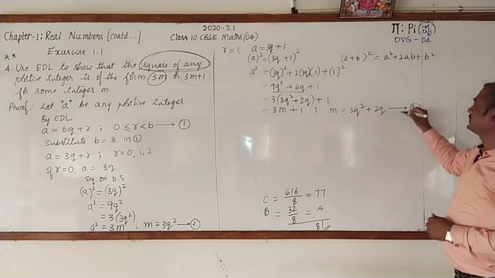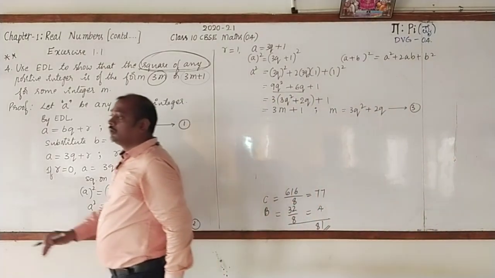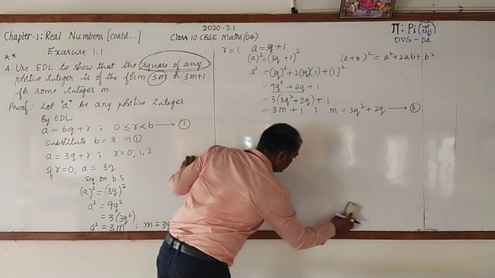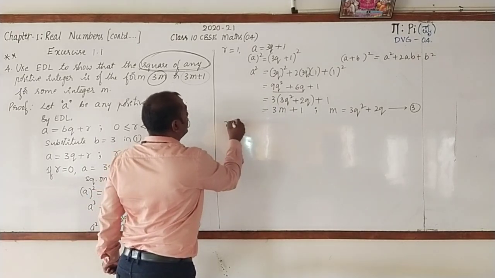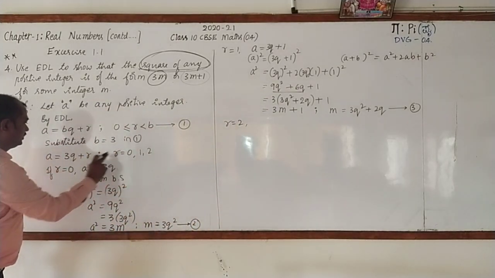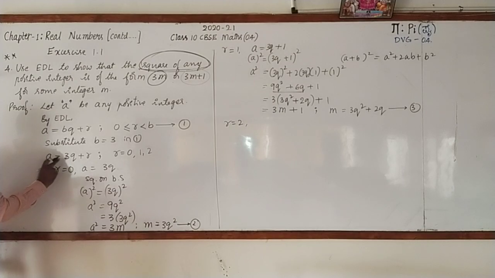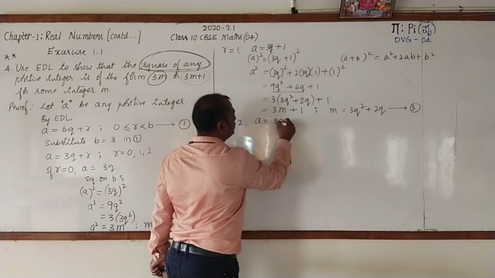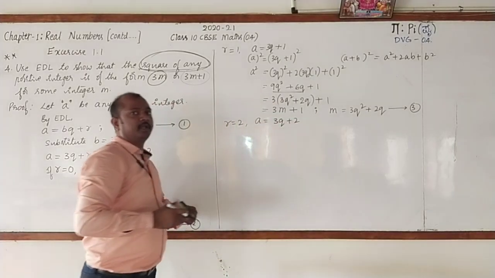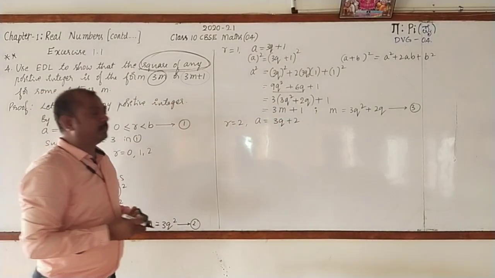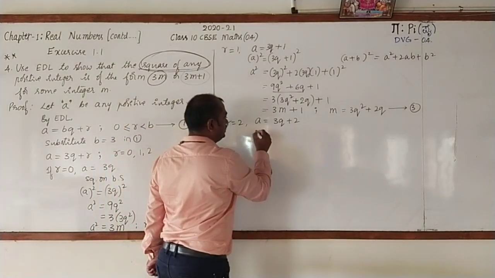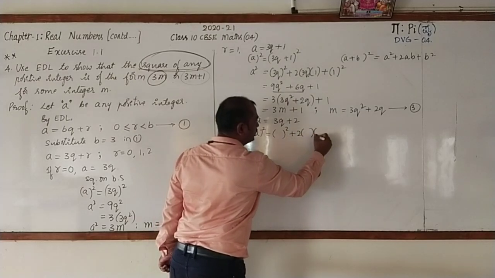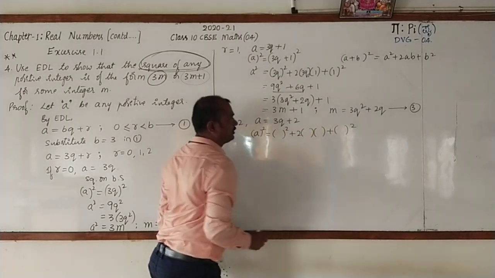Now, I call this statement 3. Now, one more possibility is there. If r equal to 2, let us go for that. If r equal to 2, then the statement will be a equal to 3q plus 2. Again apply squaring on both the sides. It will be a whole square, which is a square plus 2ab plus b square.